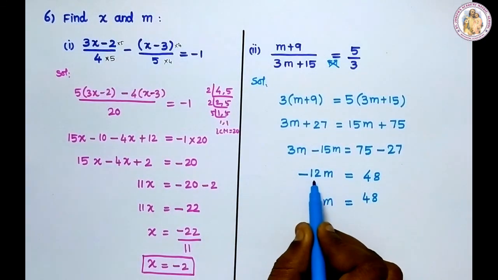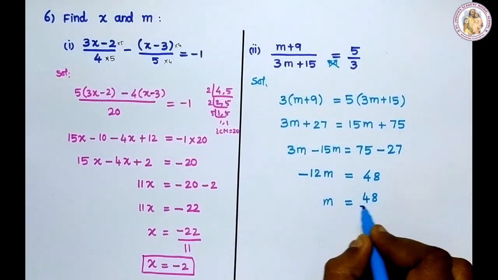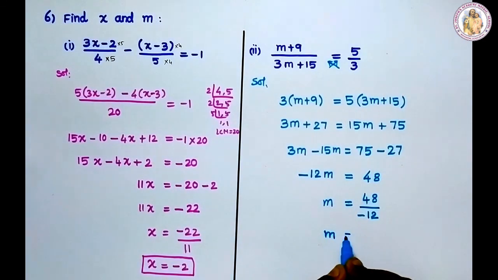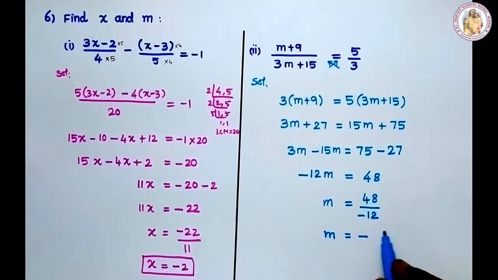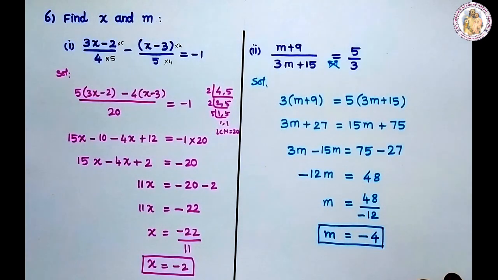Here minus 12 is in multiplication. Bring this side means division. So m equal to plus divided by minus, minus 48 divided by 12 means 4 times. So the value of m is minus 4. That is the answer.